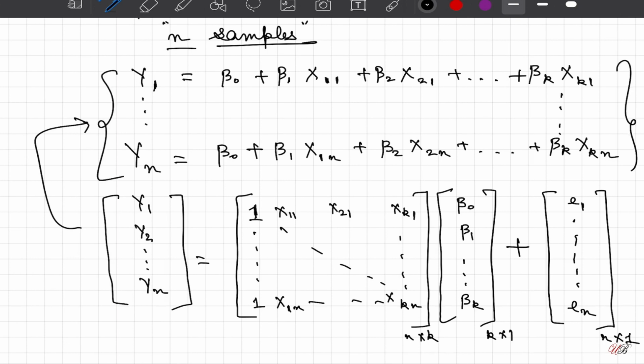So we can write this particular model in compact form. I am saying these particular equations with the error term added, in compact form, that we want to predict a y vector, and it is the matrix product of the x matrix and the beta vector, plus there is some error term which is of size n cross 1.